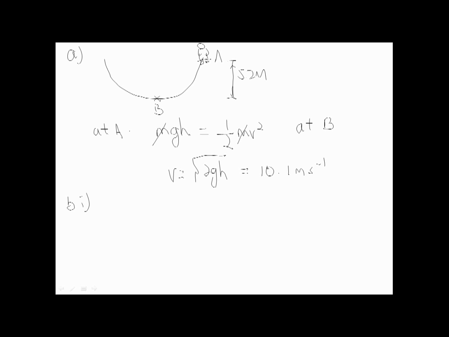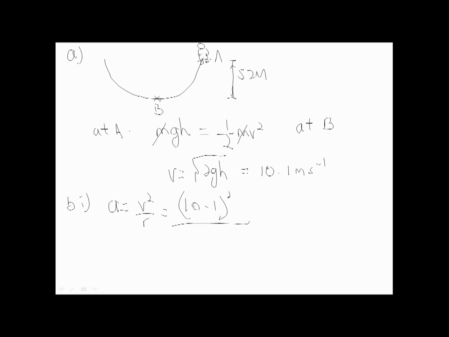So now question B, part 1, wants you to find the centripetal acceleration at point B. Again, it's very simple. a equals v squared over r, since you now have the velocity that you found in part A. So 10.1 squared divided by, now be careful, the radius is not 5.2 meters.